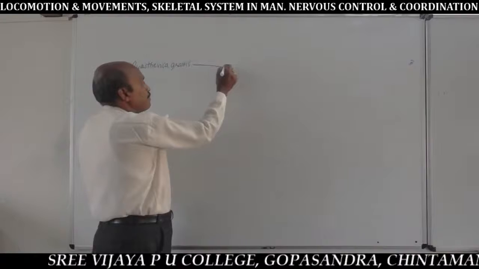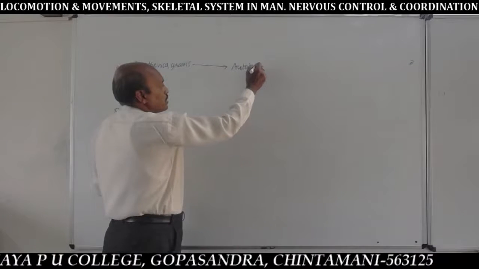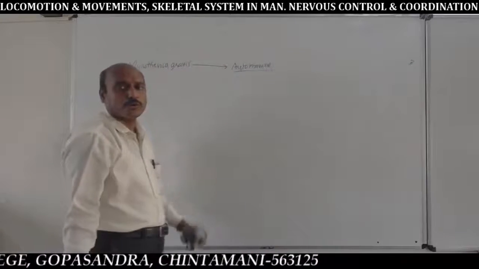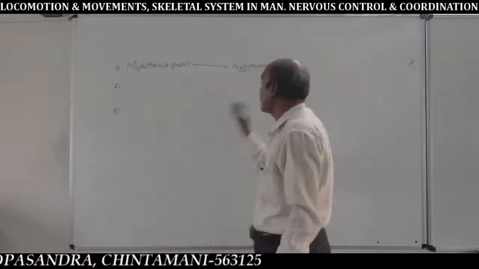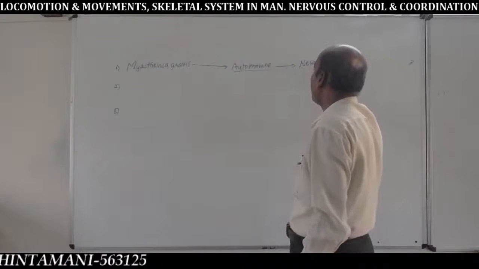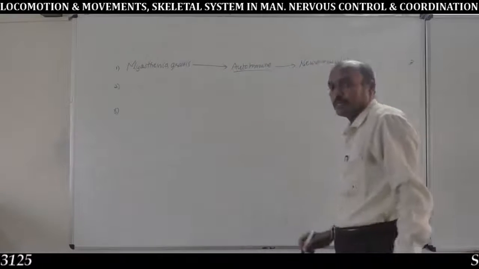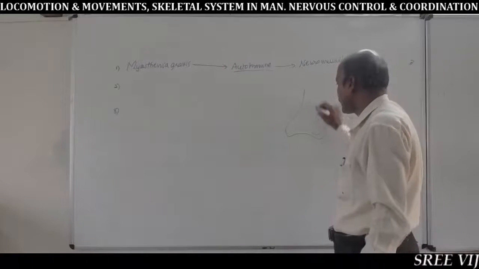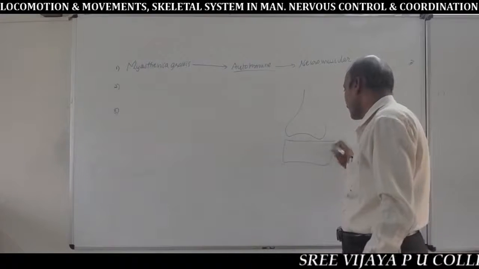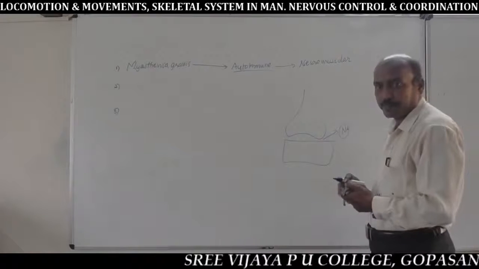It is a type of autoimmune disorder that affects the neuromuscular junction. Listen here. This is the axon of the neuron, and this is the muscle. In between them is the neuromuscular junction.